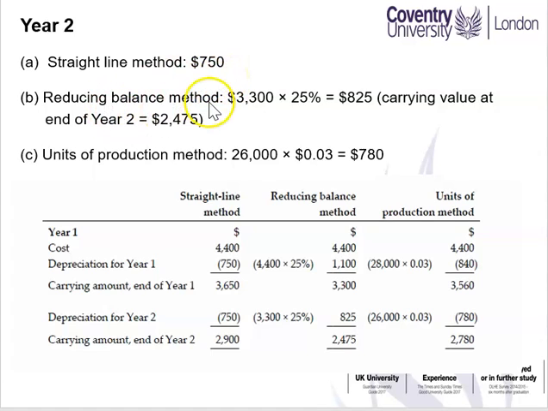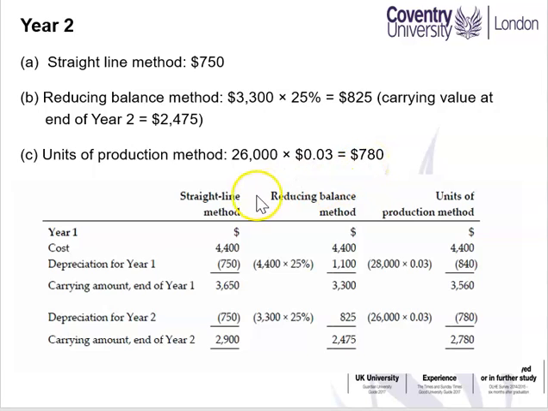As for the reducing balance method, remember we had 3,300 left, so we multiply that by 25%, which is $825. So each year the depreciation amount reduces. 3,300 minus 825 now leaves a year-end balance of 2,475. As for the units of production method, it's 26,000 times 3 cents, which is $780.